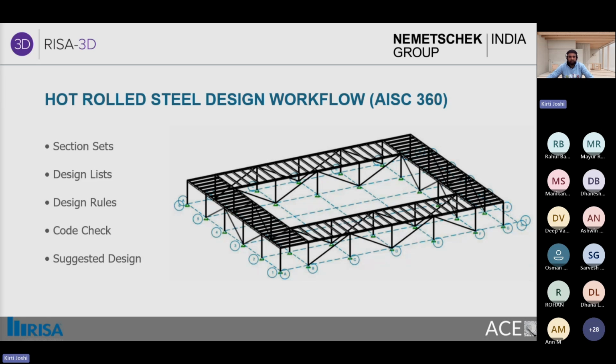We'll create the section set in step one and assign the design list to each of our section sets, and we'll also set the design rule for the members and perform the code checks on our structure. Finally we'll look at the suggested design to complete the entire structure design. We'll take a look at the model video in the next slide.